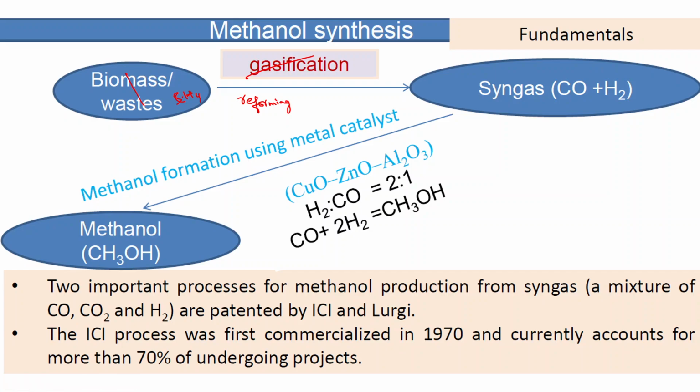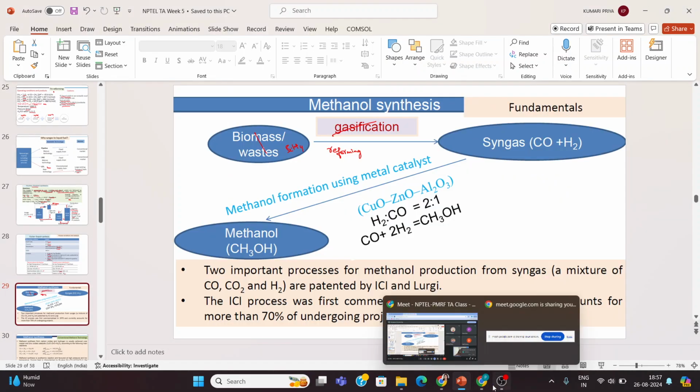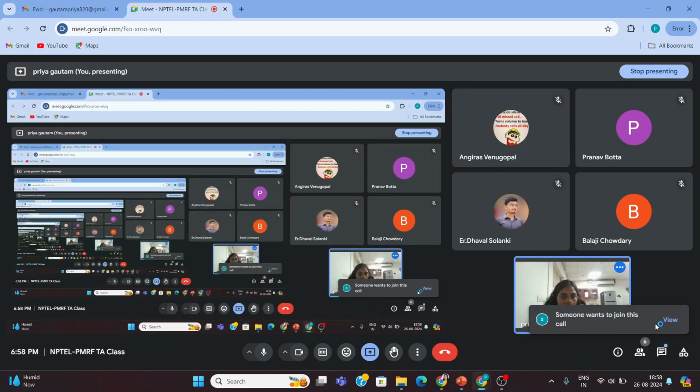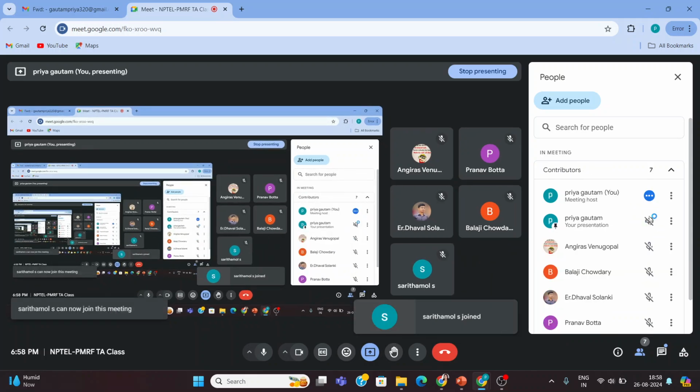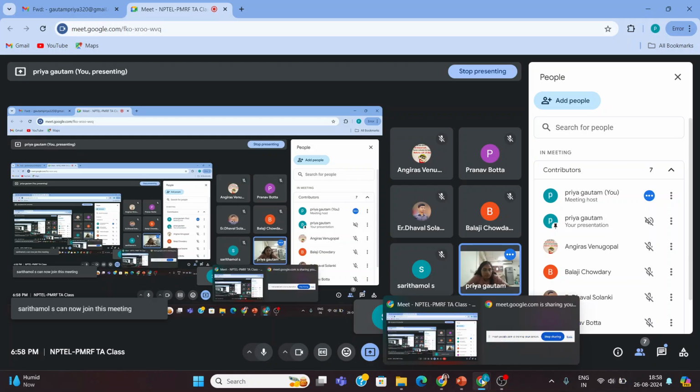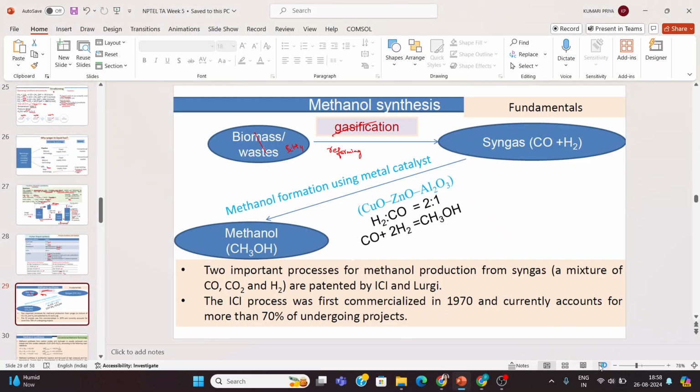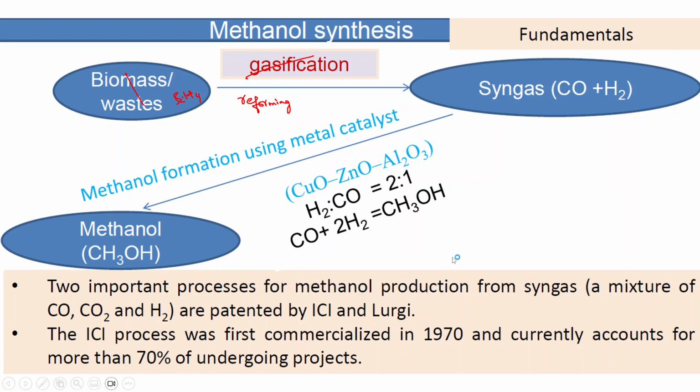Basically, firstly methane is reformed to syngas, and then this syngas will be used for the production of methanol by its reaction in the presence of the catalyst given here, that is CuO, ZnO, or alumina, and the ratio of hydrogen to carbon monoxide is 2, and the reaction taking place here is this one.